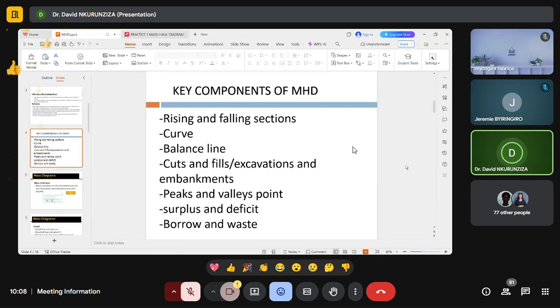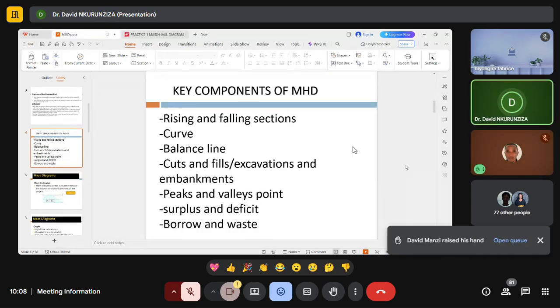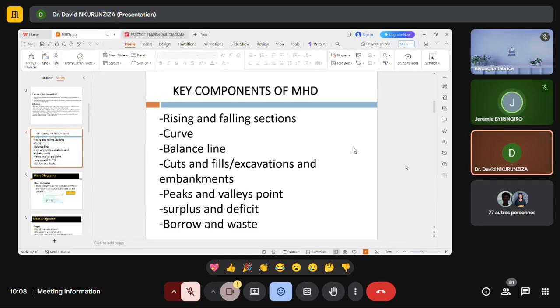Now let's go to the curve. The curve itself. How do we produce the curve? First of all, the mass haul diagram is made up of a curve. That curve should be a continuous, smooth line to represent the cumulative volume of earthwork.